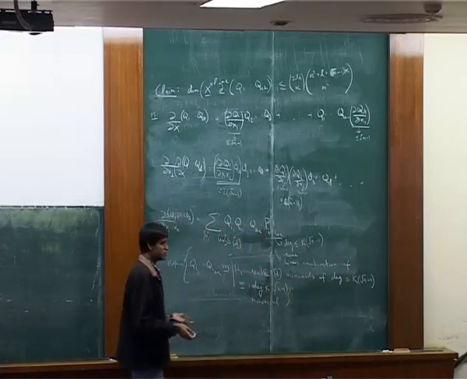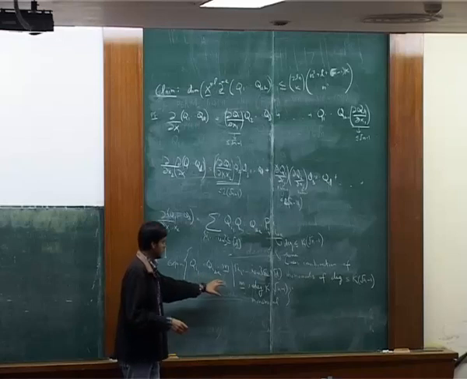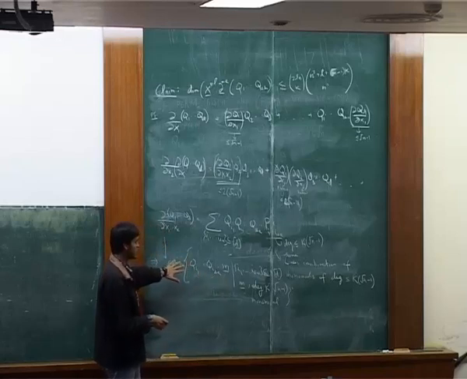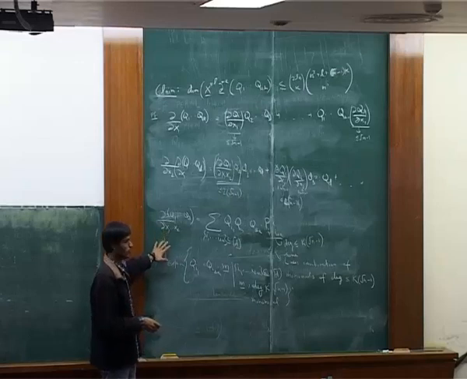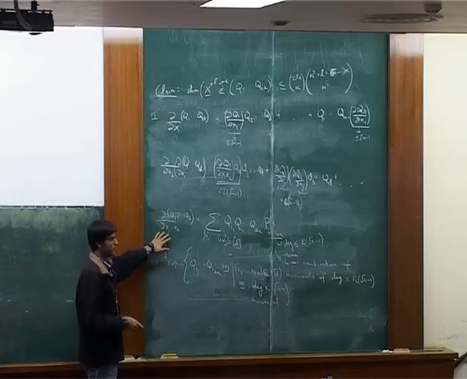Right? Now, in particular, I didn't use any property of which monomial I took the derivative from. This will be true for all derivatives that you take.